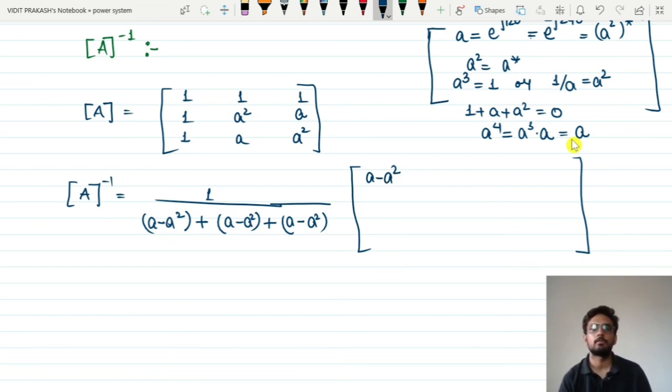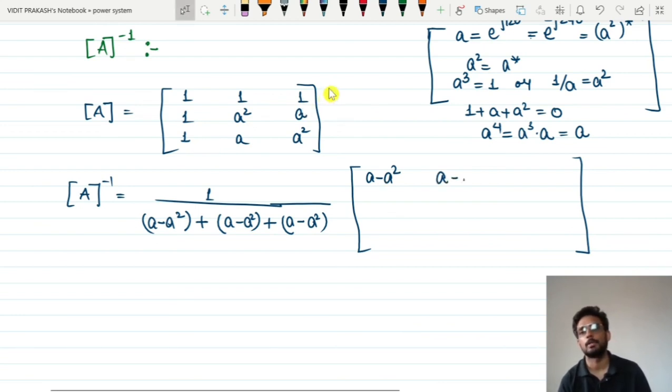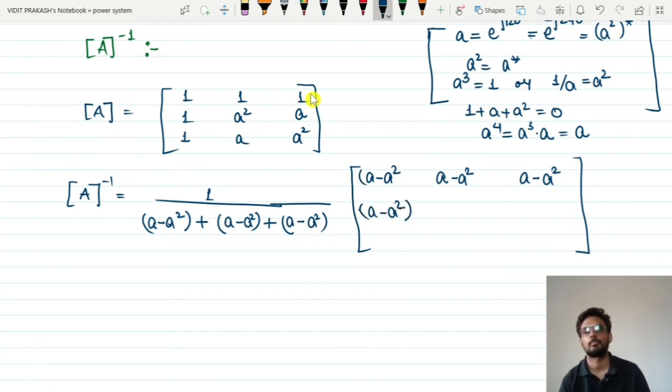Now here what we will get? Minus of A square minus A, or we can write A minus A square. Minus of A square minus A is nothing but A minus A square, and here we will get A minus A square. What about the second row? This will be A square minus A, minus of A square minus A, or we can write A minus A square. What will we get here?